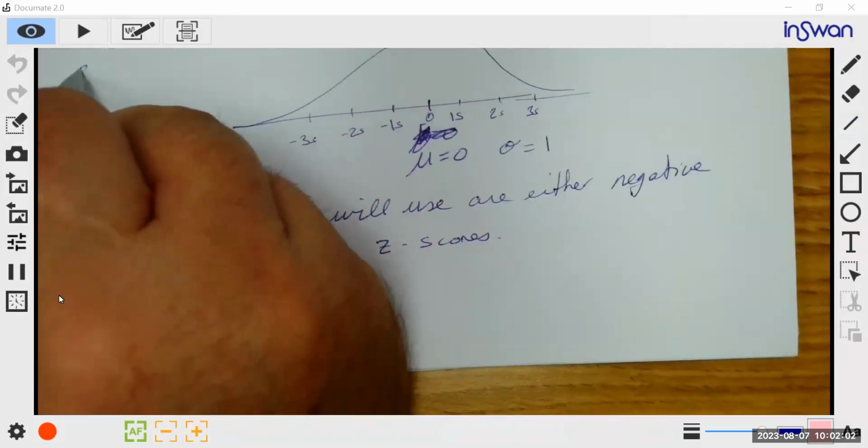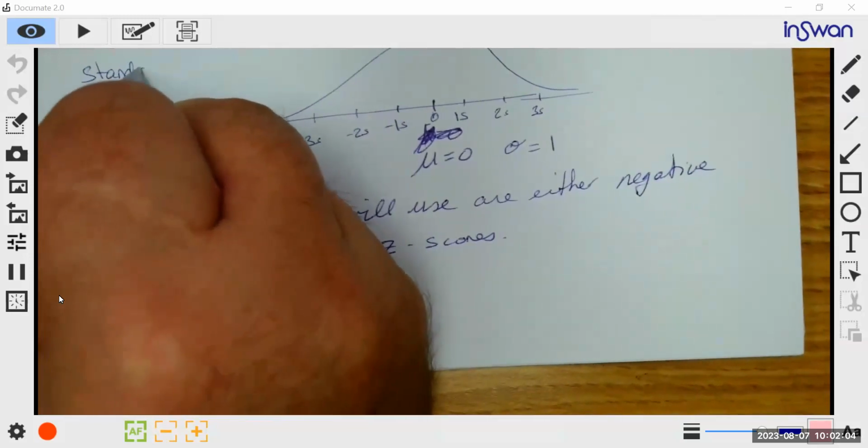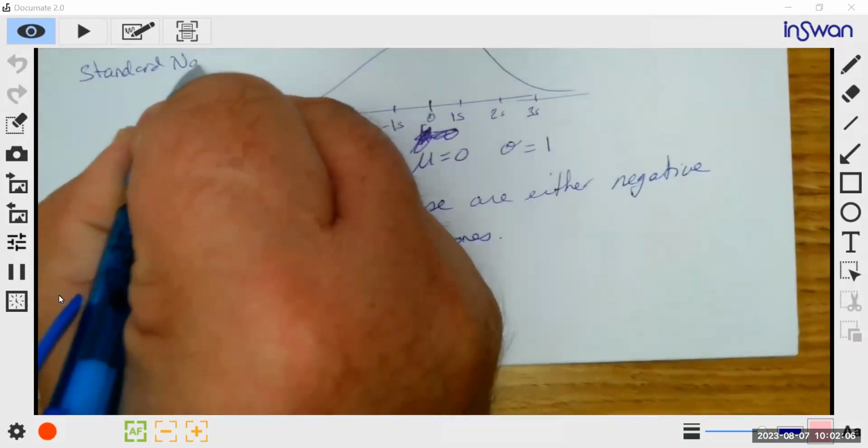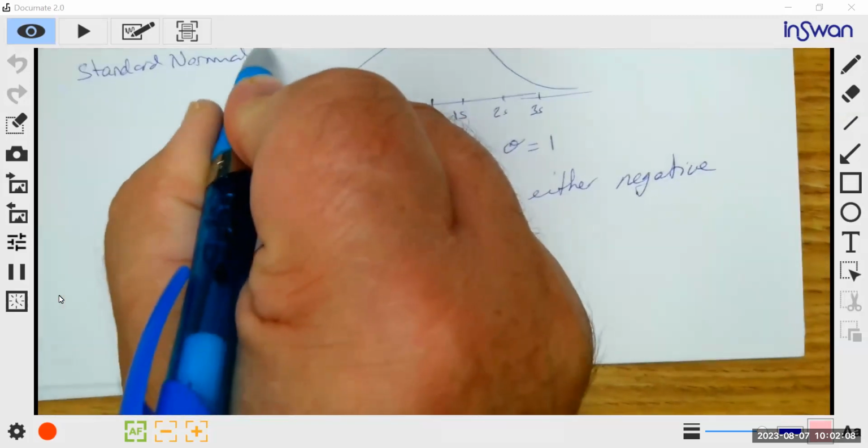And this is for our standard normal distribution.